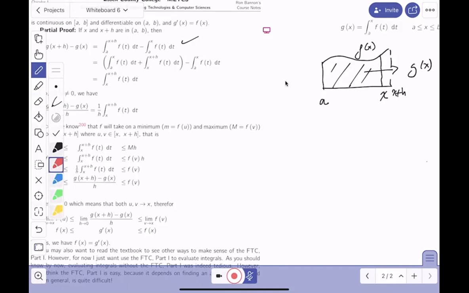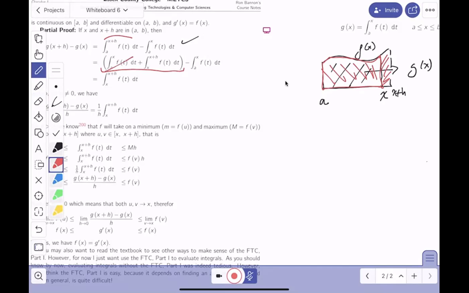The two pieces are a to x, that's this piece over here, and then they go from x to x plus h. I hope you agree that's the same thing as this guy over here. So they just divided into two separate pieces. That's all they did. Now what do they notice? They notice that there's two identical integrations there.